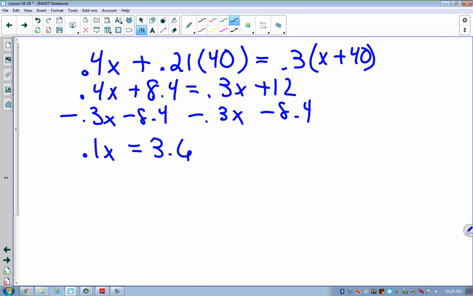What's my last step? Divide by 0.1. So x should equal 36, and I need a label because it's a real-world question. How many gallons? It's going to take 36 gallons of a 40% solution.